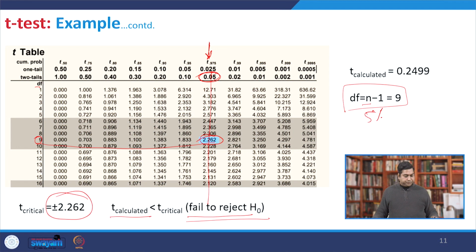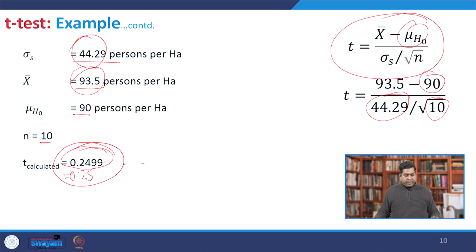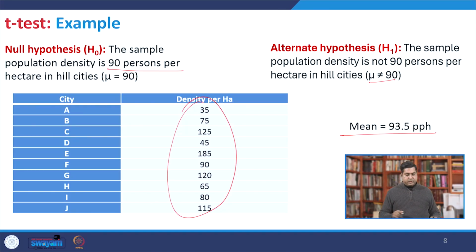So, what was our null hypothesis? If we go back to it, it is the hypothesis where the population density in the hill city is 90 per hectare, and that is something we cannot reject. So, yes indeed it is 90.